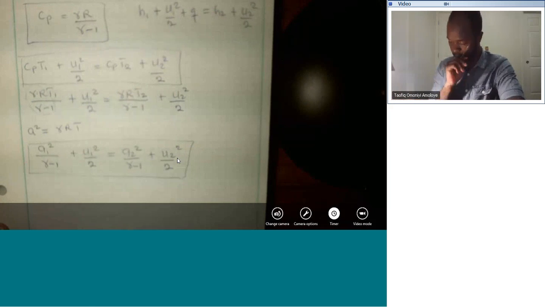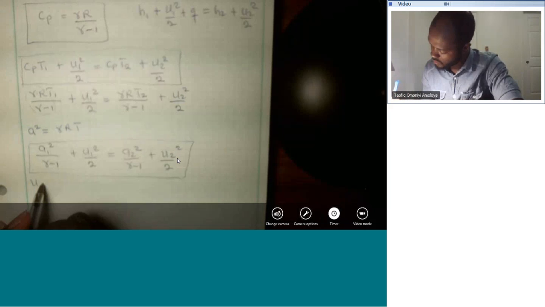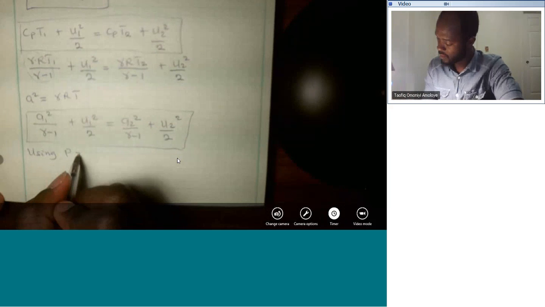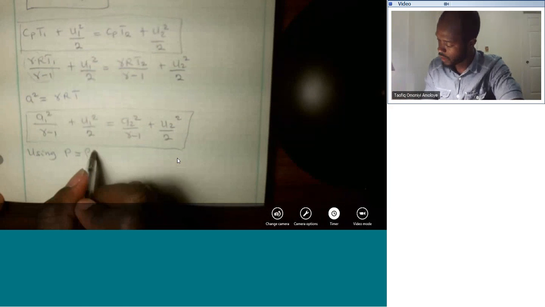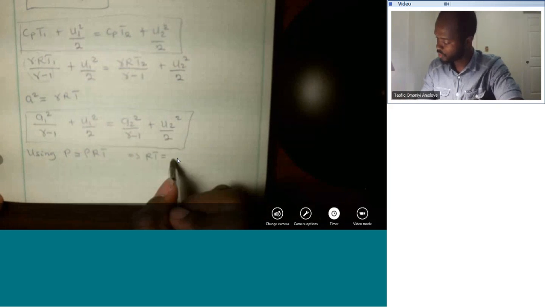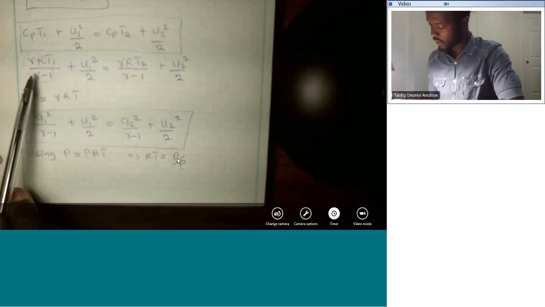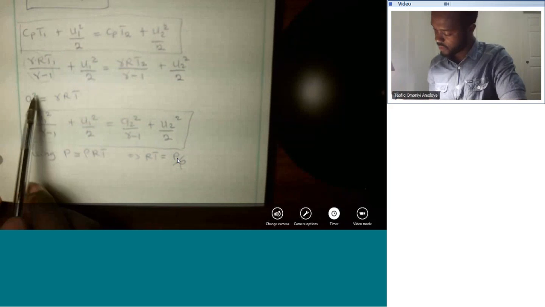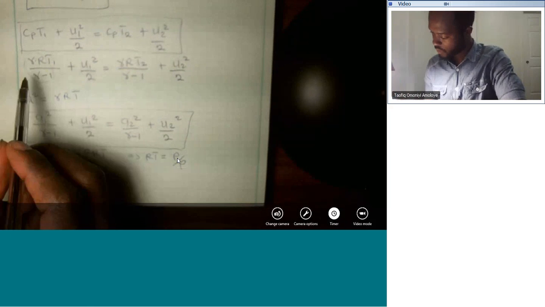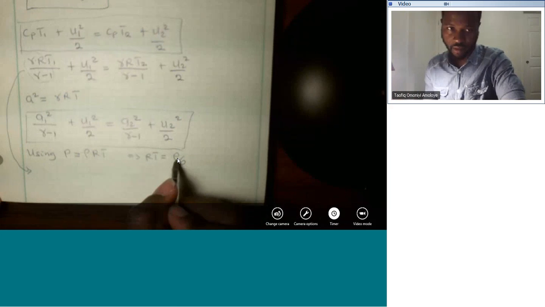But we also know that if we use the equation of state for a perfect gas, P equals rho RT, this implies that RT is just equal to P over rho. So instead of substituting A squared for gamma RT, we can put in P over rho for RT in the equation.